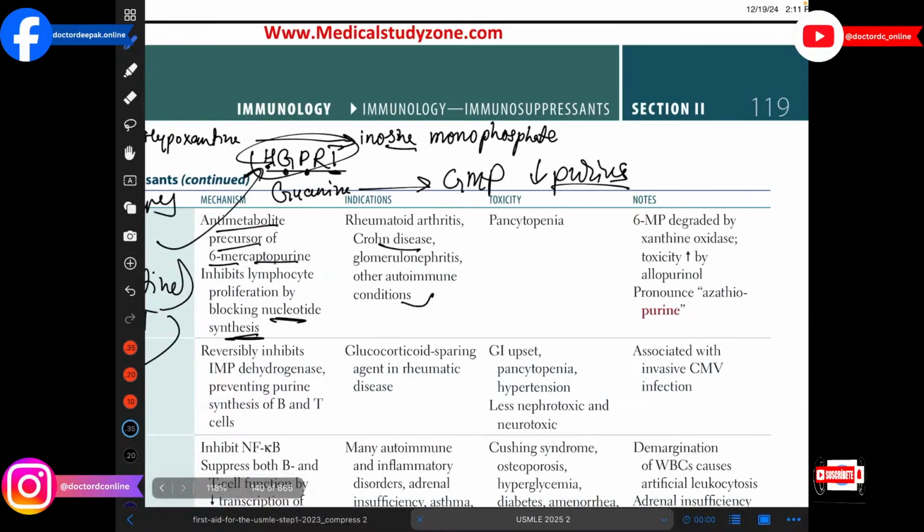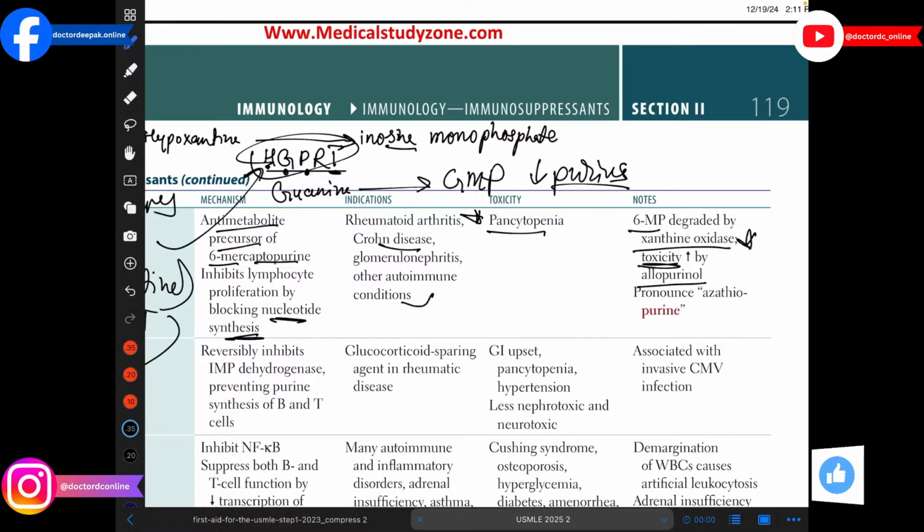The main toxicity is pancytopenia. 6-mercaptopurine is degraded by xanthine oxidase, and toxicity is increased by allopurinol. If you give allopurinol with this drug, it will cause toxicity, mainly pancytopenia. Other adverse effects are bone marrow suppression.